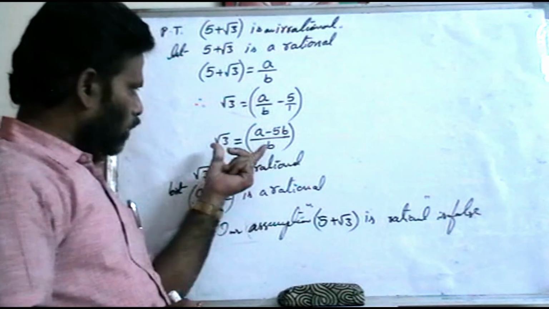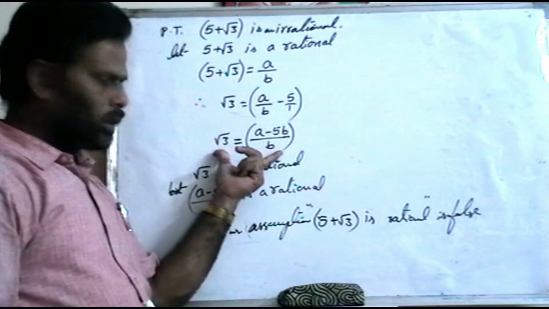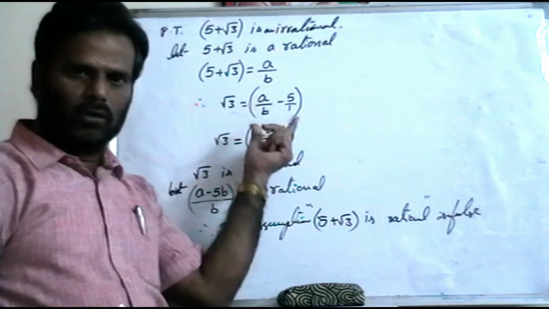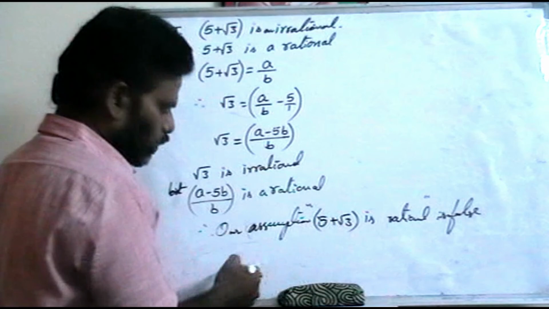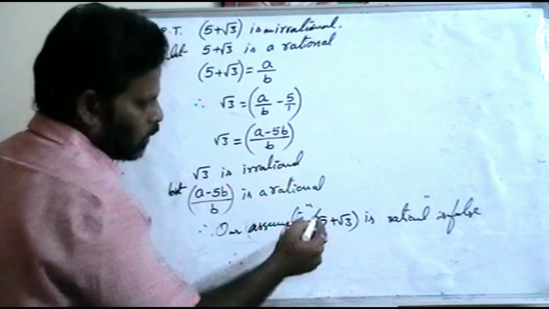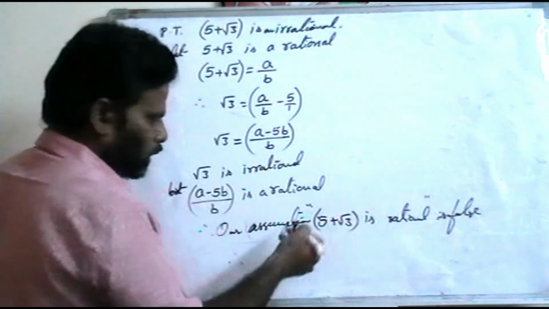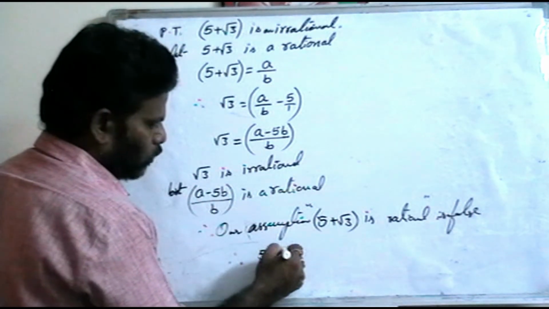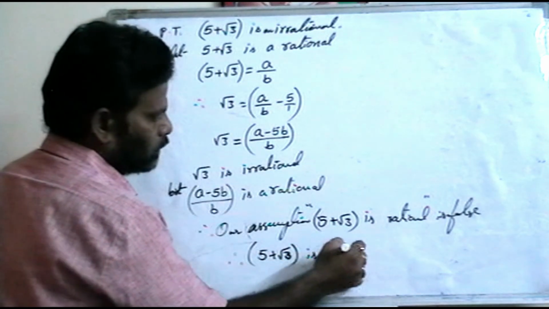But here finally we got irrational is equal to rational, but it is a contradiction. An irrational number equal to a rational means it is impossible. So our assumption is false. Therefore, 5 plus root 3 is a rational is a false statement. Now what is true? 5 plus root 3 is an irrational.